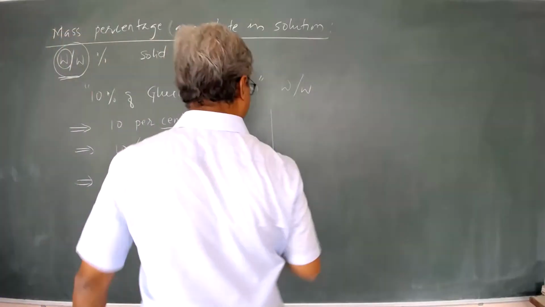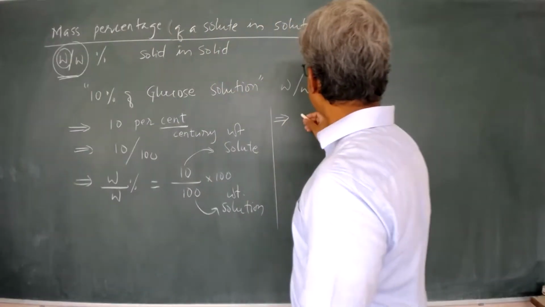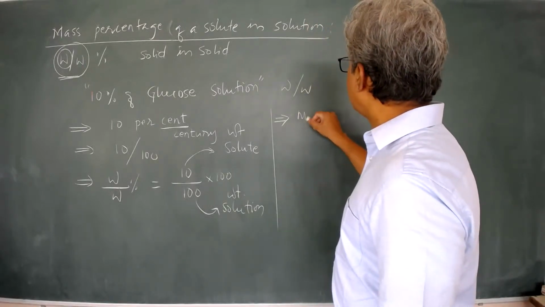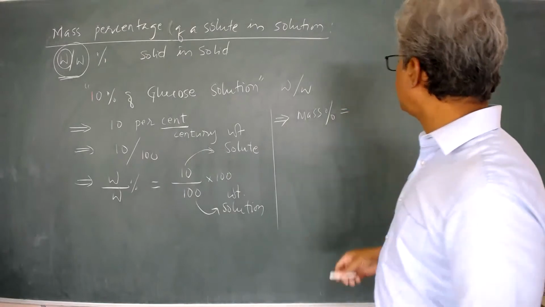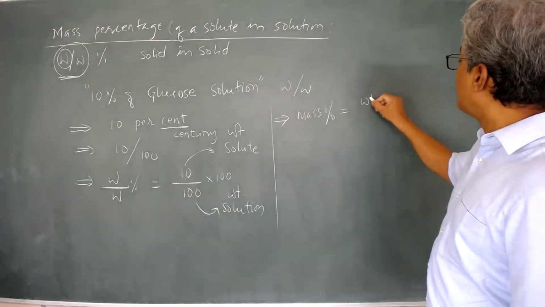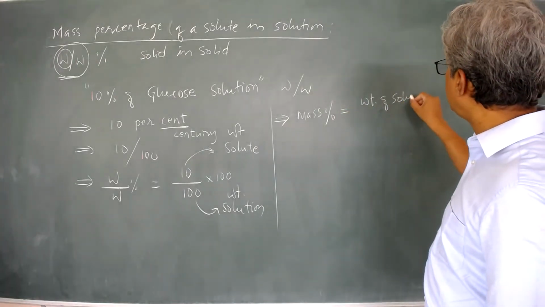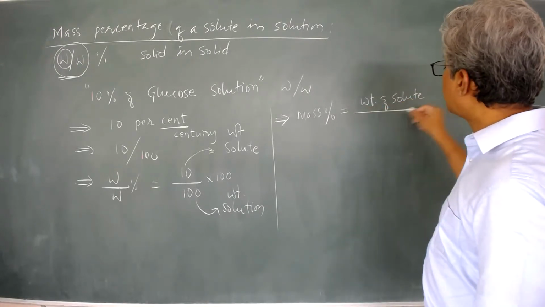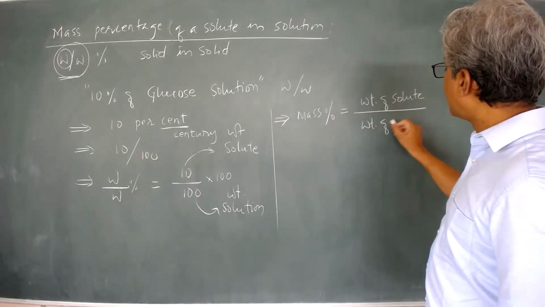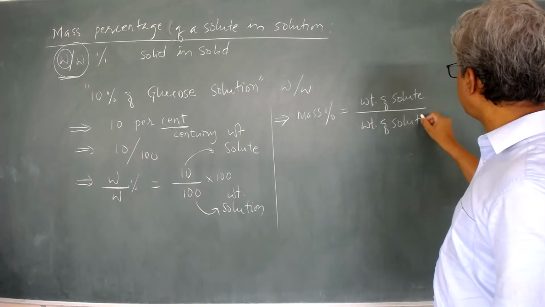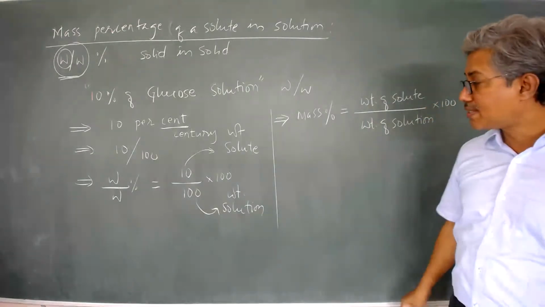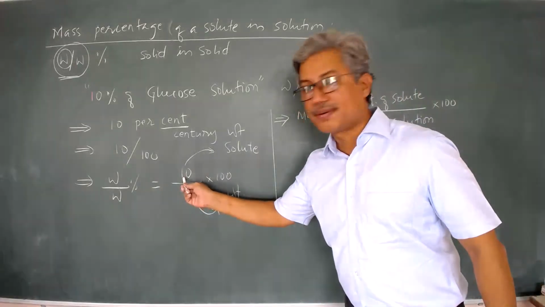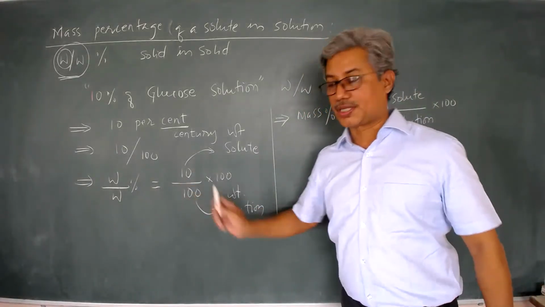See here. This implies that mass percentage is nothing but weight of solute divided by weight of solution into 100. Clear, students? This is weight of solute and this is weight of solution.